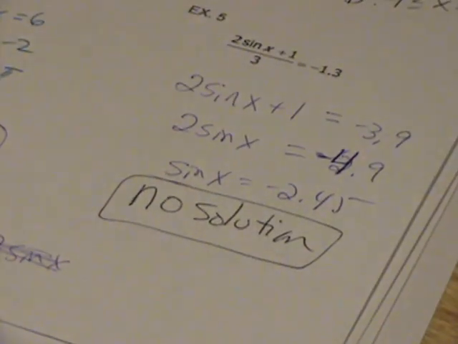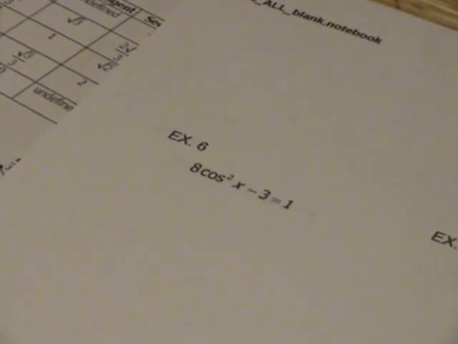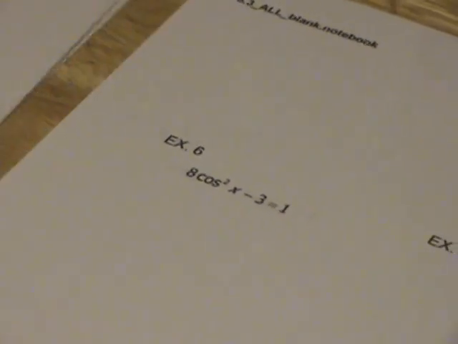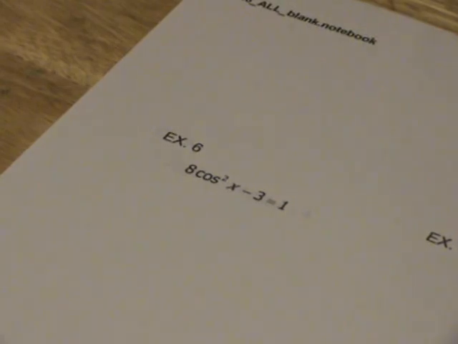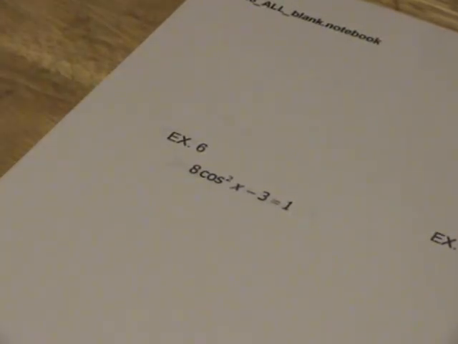Alright, next. Eight cosine squared x minus 3 equals 1. So how many trig functions? Just 1.